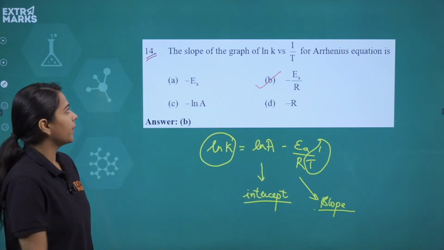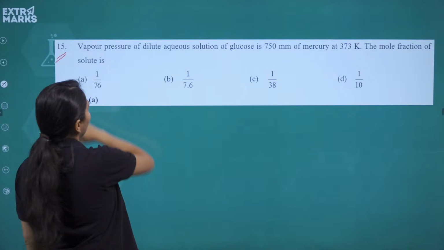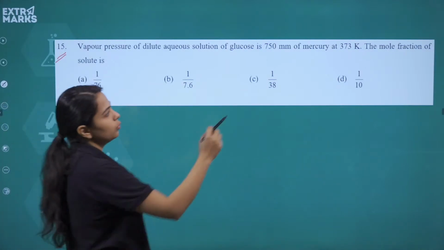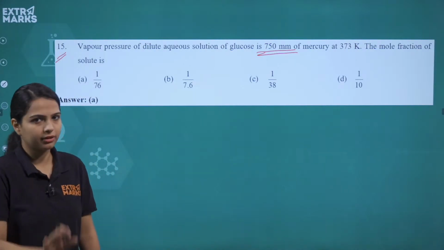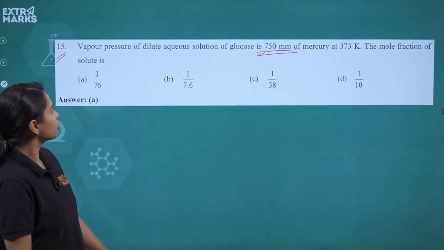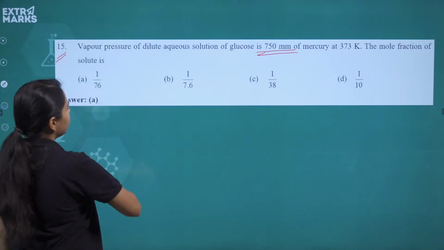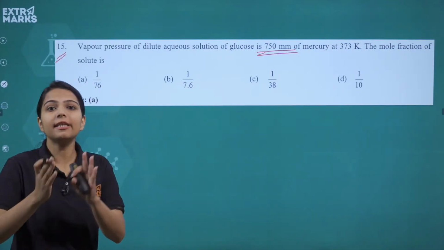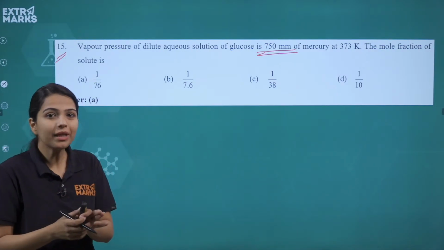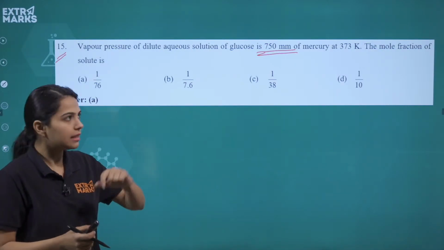Alright. Next question, number 15. Vapor pressure of dilute aqueous solution of glucose is 750 mm of mercury at 373 Kelvin. So temperature is constant. The mole fraction of the solute is what? Now what is the equation that we have? The equation is the relative lowering of vapor pressure. So over here initially it was 760, now it is 750.